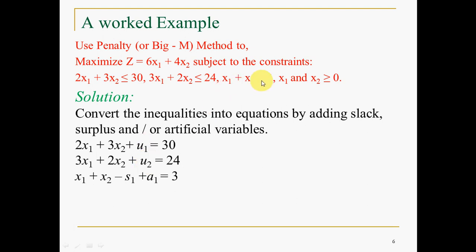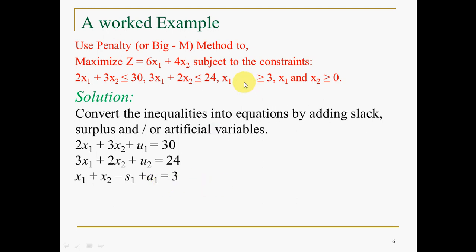And x1 plus x2 is greater than or equal to 3, so something is to be subtracted from the LHS to consider it as an equation. Hence x1 plus x2 minus s1, where s1 is the surplus variable, plus a1, where a1 is the artificial variable.